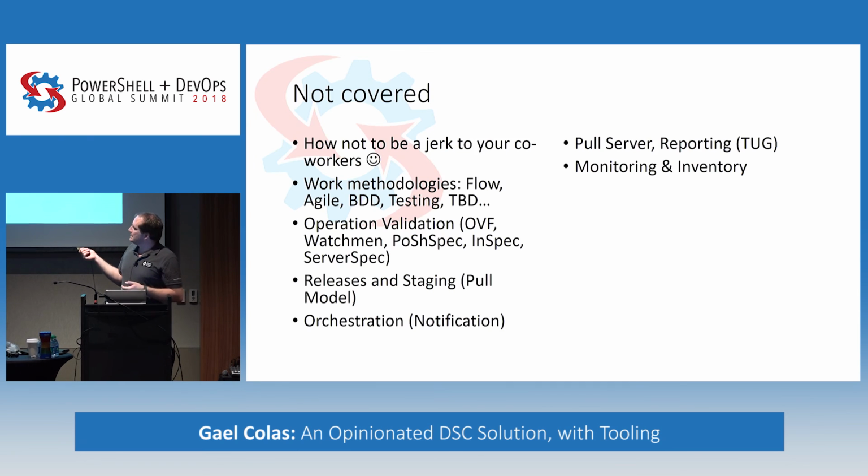I haven't shown release and staging, but since you build all the artifacts, you can stage them, saying I'm creating those for dev, prod, and all the staging environments. Then you can release them, copying them to the pull server only at the times you want. Orchestration, notification, I'm not going to get into the details. And then pull server reporting.